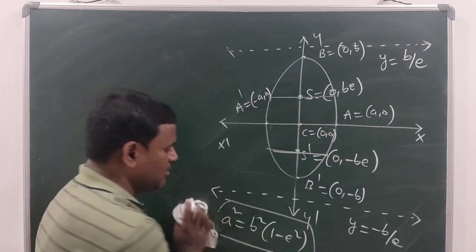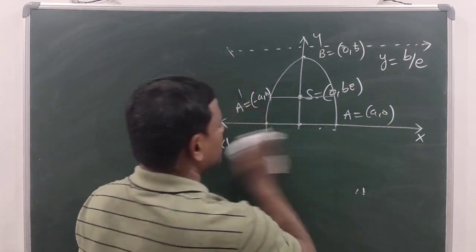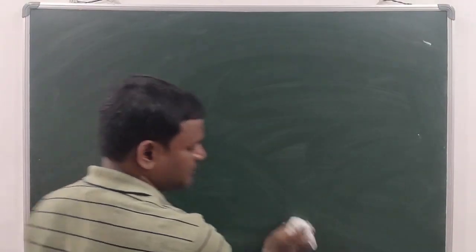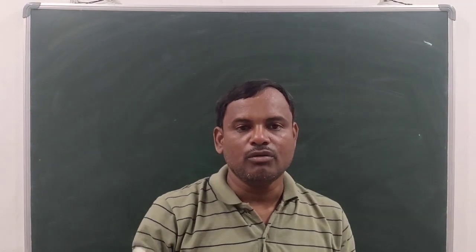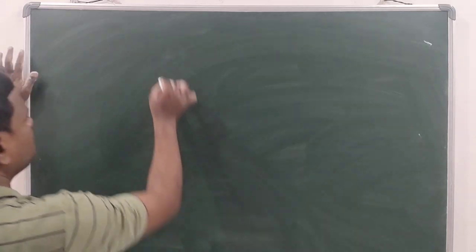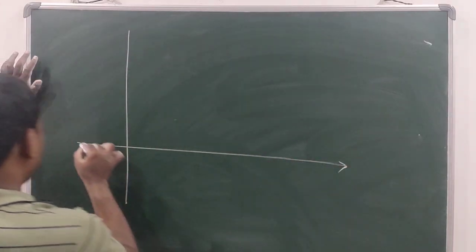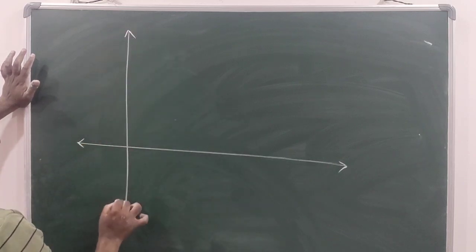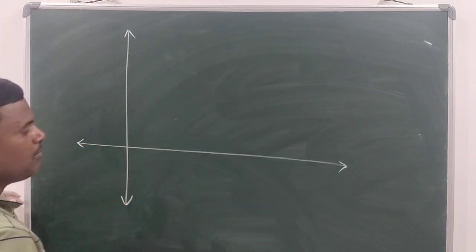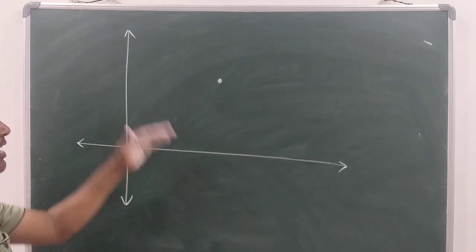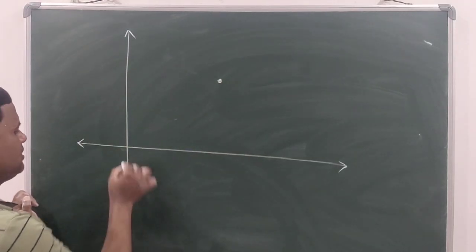Now if the major axis is parallel to the x axis, then how do you get that ellipse? See here, you just need to shift the origin from here to here, h comma k, without changing the direction of the x axis and y axis.